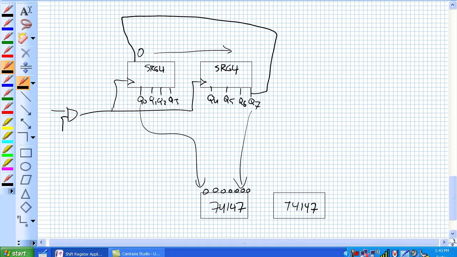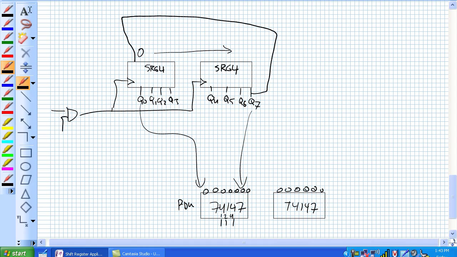Normally it's a decimal to BCD encoder, but in this particular case, they're just using the 1 through 8 inputs of it, and they're not using input 9. And they're only using the 3 outputs, 1, 2, and 4, and they're just not using 8. You could use the 74148 for this if you wanted to, too.